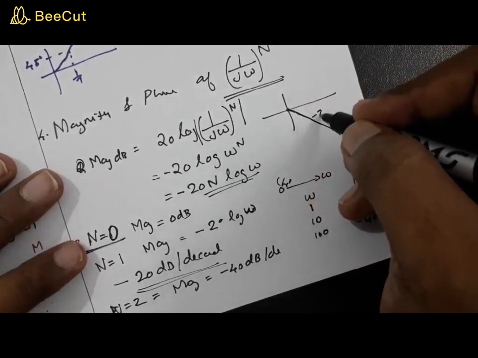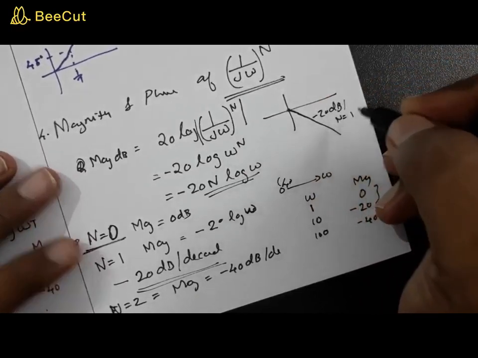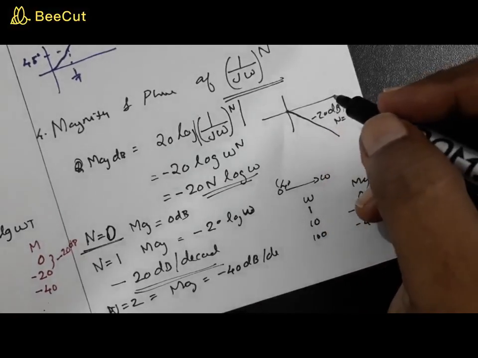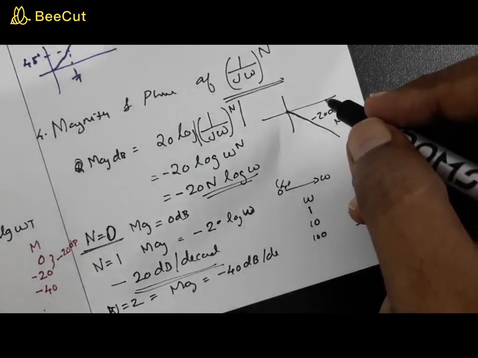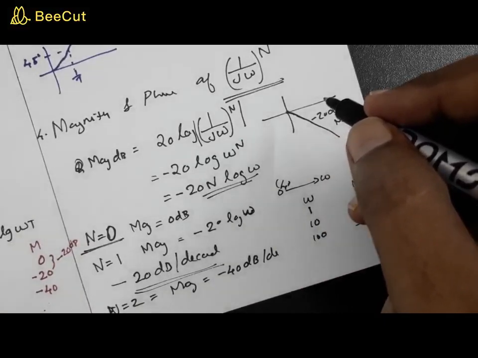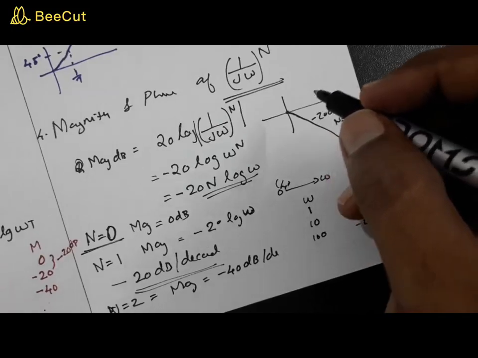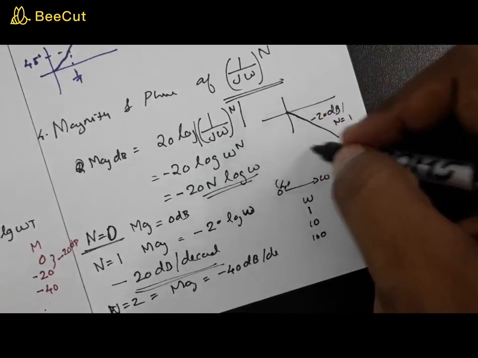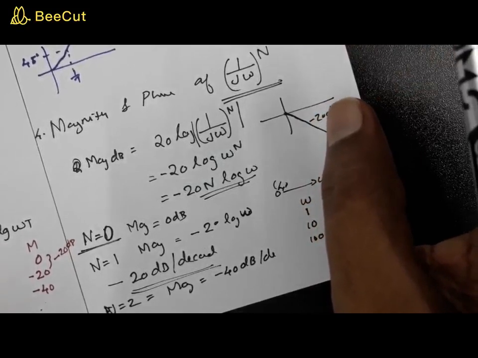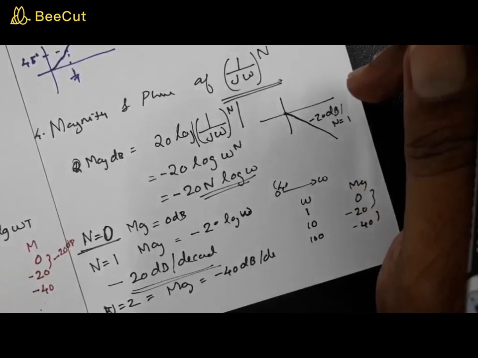It will always be a fall of minus 20 dB per decade for n is equal to 1, right? So this will always have a slope of minus 20 dB per decade. That's what we need to understand. There's nothing like corner frequencies or anything like that.